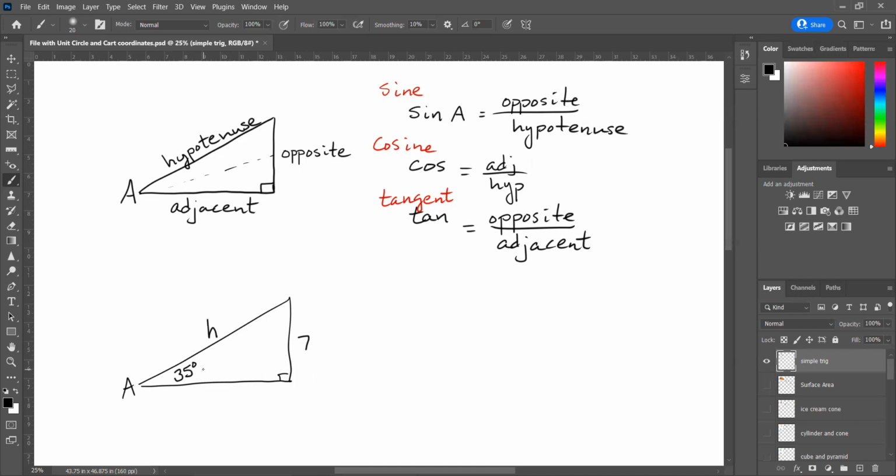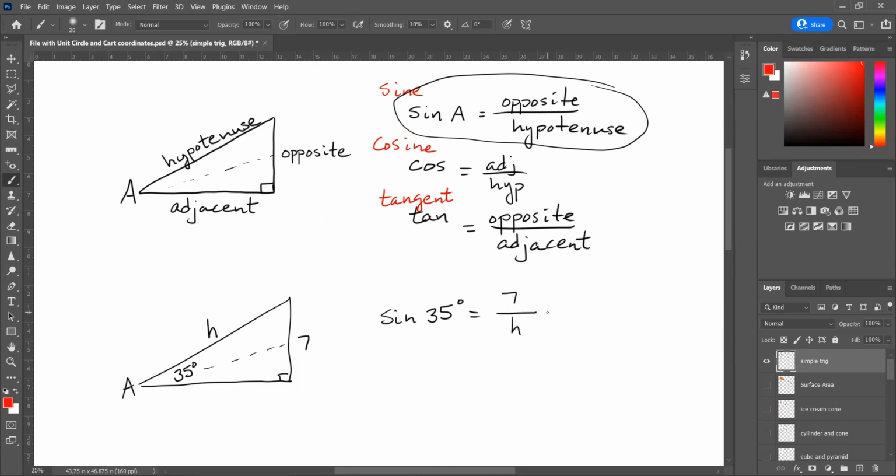Now that 7 is opposite angle 35. So we have opposite and hypotenuse, and that looks like sine. So we would say the sine of 35 degrees equals the opposite side, which is 7, over the hypotenuse.